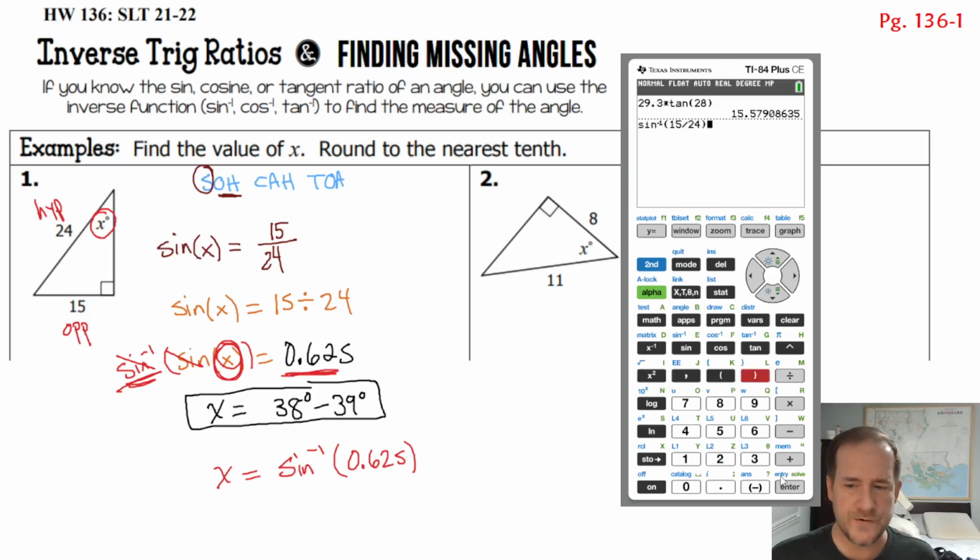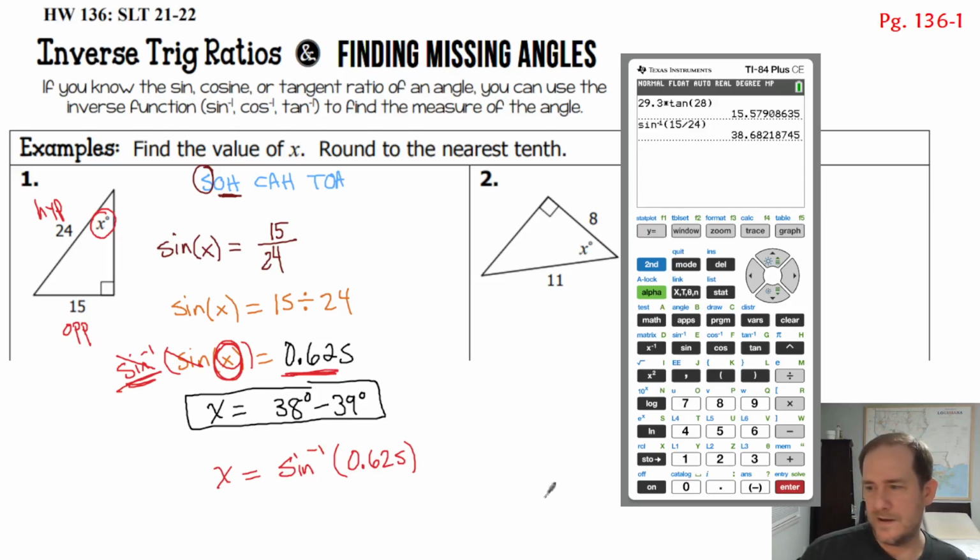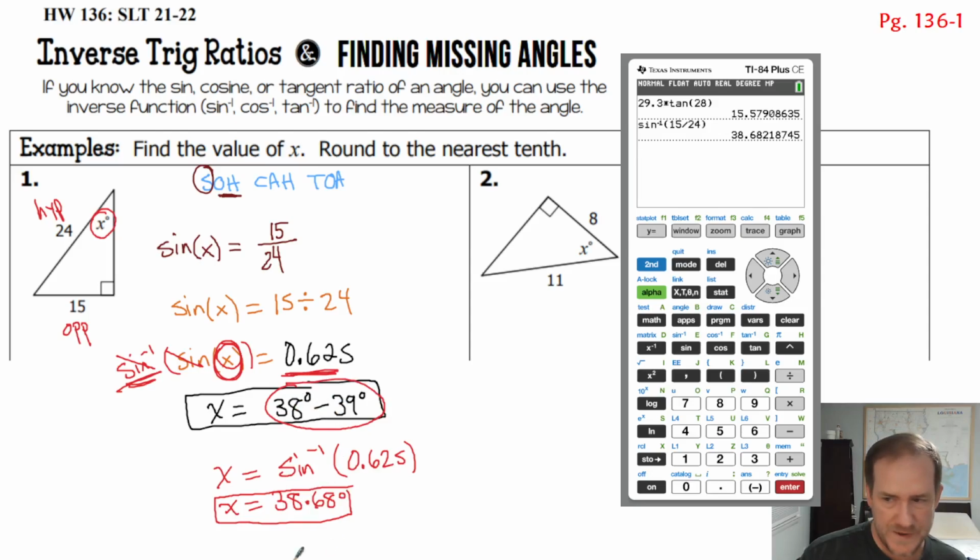Your calculator will do all the work. Press enter, you get 38.68, and that's it. Notice that the answer we got is between 38 and 39, just like we hoped it would be.